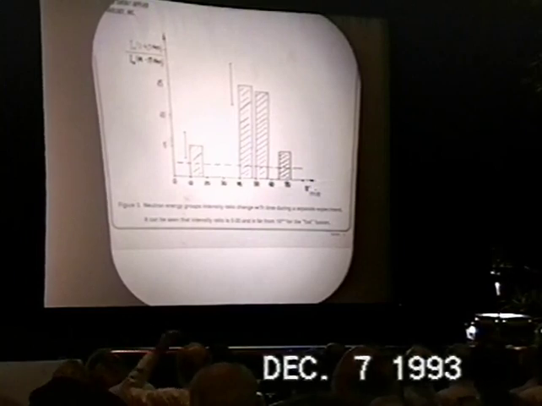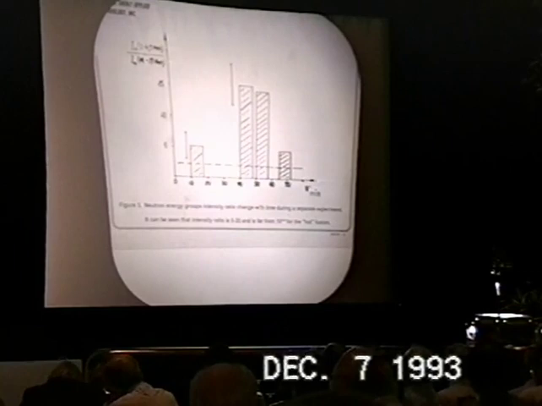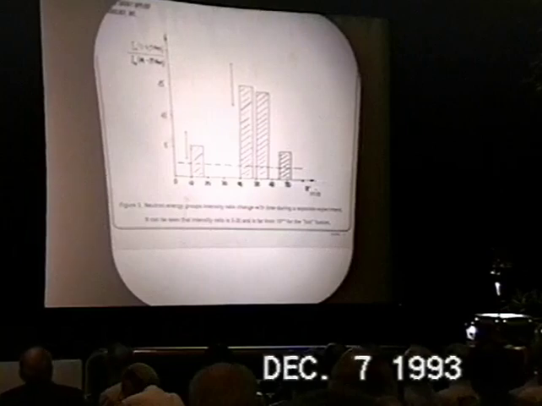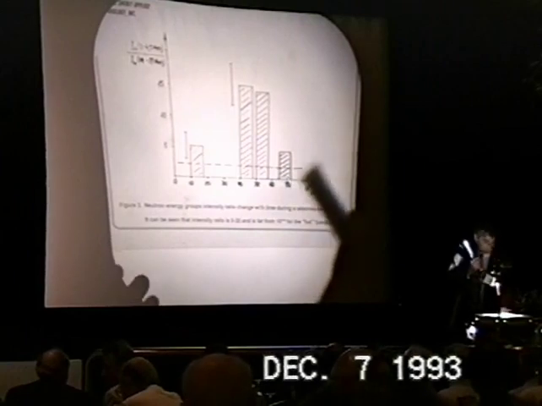The intensity is very strange. A normal DD run has 10 to the 5, 10 to the 6 elevation of this group. Right here we have something close to 10. So once again, we have some very strange results.